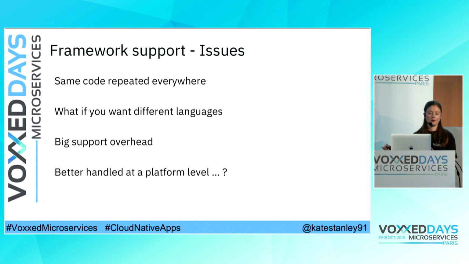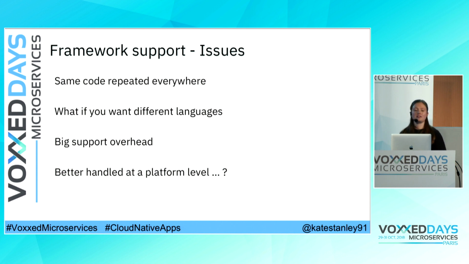So I've given 2 examples here, and today this session will be focused on Spring and MicroProfile, but of course Java isn't the only language out there. There are plenty of others you could implement your microservices in. And one of the nice things about microservices is polyglot is definitely very easy to do. But if you have different languages, you then have to work out what are the libraries I'm going to use for JavaScript, for Python, for Go, whatever that is.